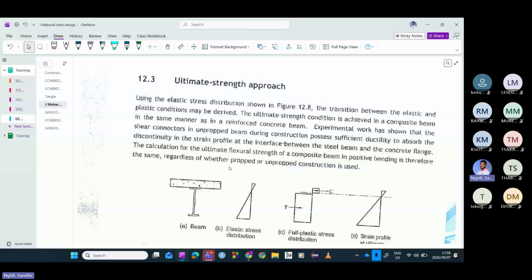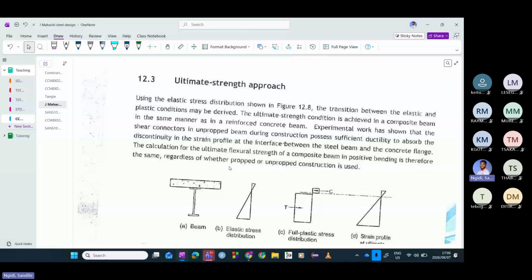And the ultimate strength state is achieved in a composite beam in the same manner as in a reinforced concrete beam. So the same way we are able to achieve this in a reinforced concrete beam, we are also able to achieve this ultimate strength even when we are dealing with a composite beam.